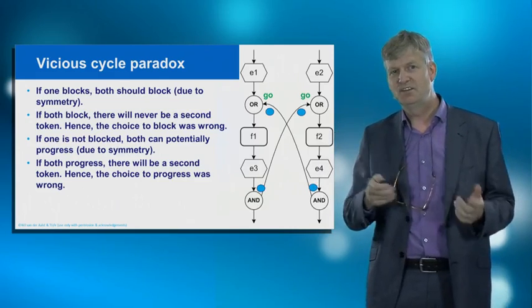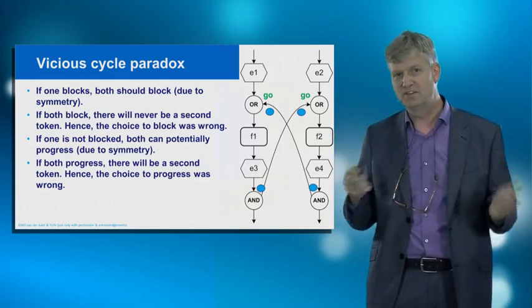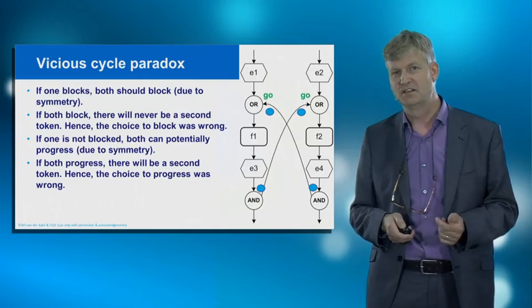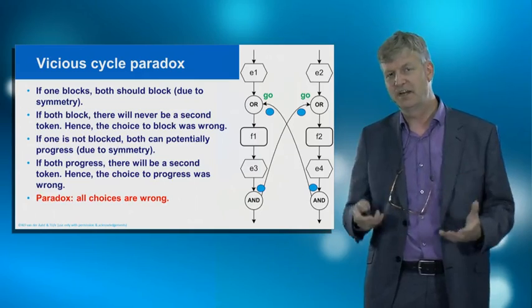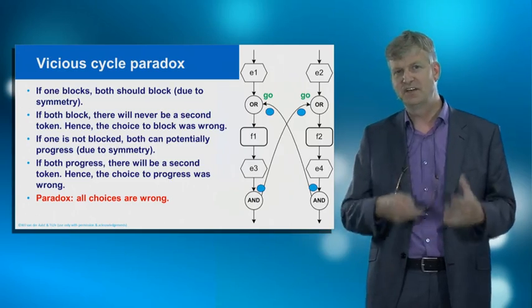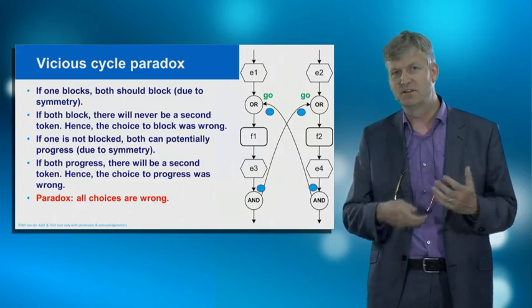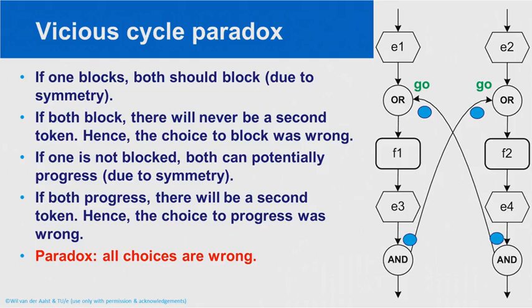So this is again a wrong choice because we should have waited because there was still a token arriving. So due to symmetry, you can clearly see that there is a paradox in which all the choices are wrong. This illustrates that you should be very careful when interpreting these OR joins. And it also shows the complexity of some of these process modeling notations like the BPMN notation.